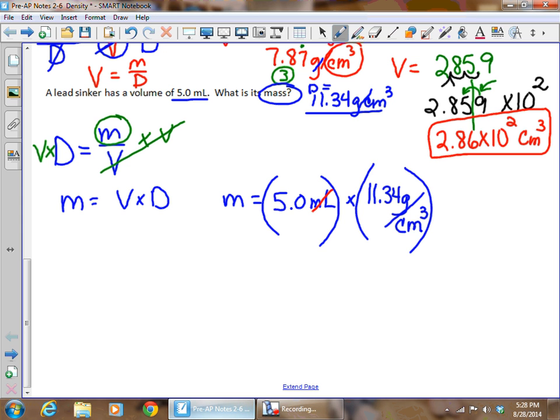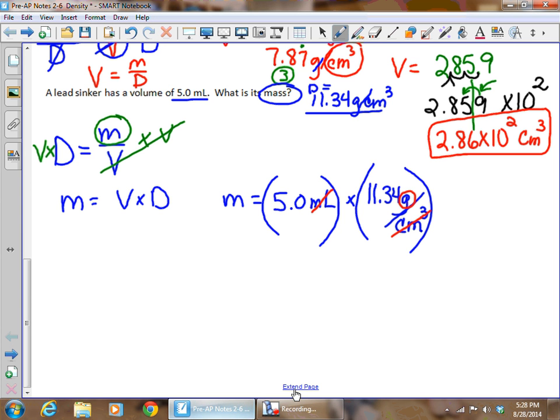Why can I cancel or reduce to 1 my milliliter and centimeter value? Well, look back up at the top of the notes and see what we know about milliliters and cubic centimeters. They're the same thing. So since they are the same thing, they are equal to the same value, they can be canceled or reduced to 1. So I'm left with grams, which is a valid unit for mass.